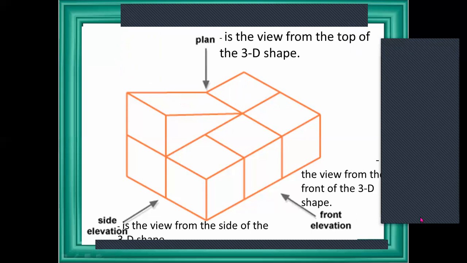Side elevation is the view from the side of the 3D shape. Now, in this example, if you look at the side, then you can see these shapes in here, and if we try to draw that, it will look like this.